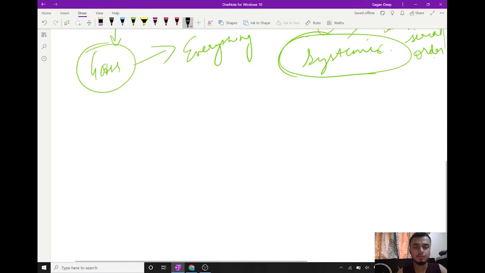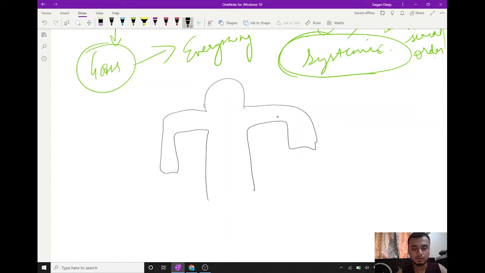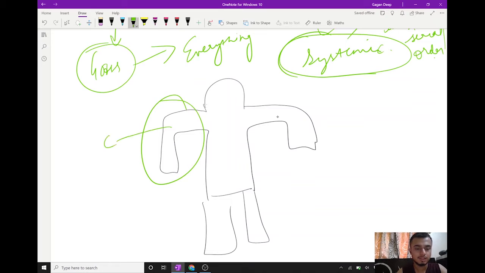If we consider a human body, for instance, this is a human body, a very rough diagram. Now, if I take this hand and I study first the bones of the hand, which would be first the humerus. I'm not gonna draw all of it, I'm just gonna draw the bone of the arm.